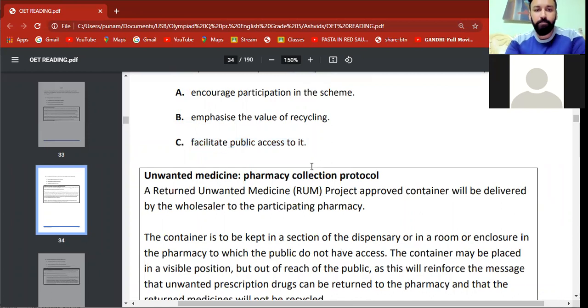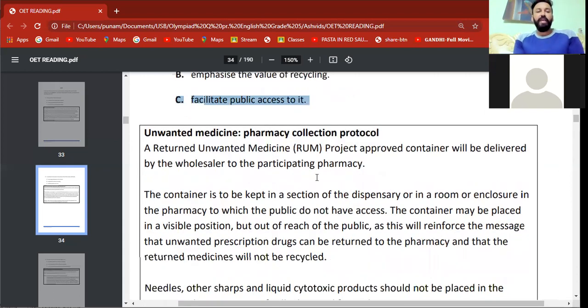C. Absolutely. Why? Because it says which public do not have access. So facilitate public access, remove that. Now life is easy. Why? Because we have only two options, right? Container may be placed in a visible position so that they can see it, right?